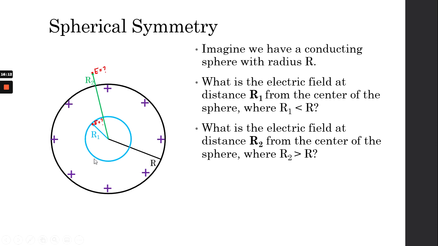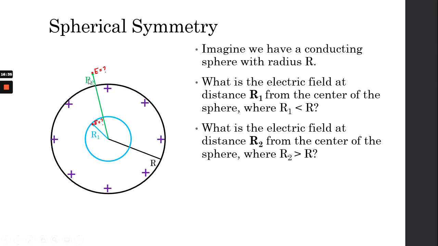Basically you want to draw an imaginary circle inside your conducting sphere, and then you can use this circle to measure the electric field using the principle of Gauss's law.